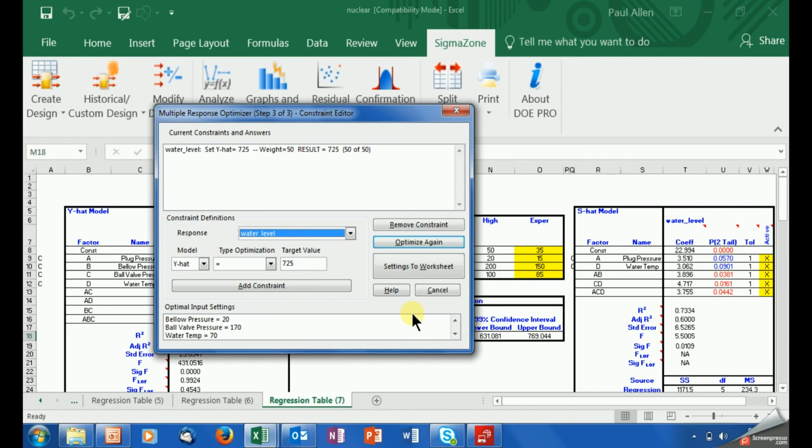The computer is just a big calculator at this point. It's just trying to resolve the equation to 725, and it just has several different ways of doing it. If one of the choices it gives you is too expensive, you could always ask it to optimize again.